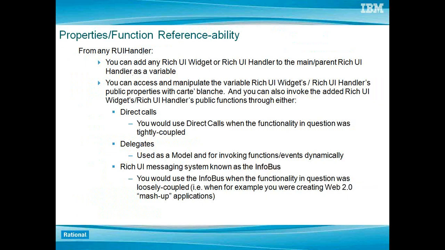Now, we have three types of calls that we can trigger between handlers or widgets. For example, there is a direct call. In the direct call, for example, I have selected the row or I have clicked on a button, and based on the button click, the corresponding event will be triggered, and inside of the trigger, I'm going to modify some properties of any widget.